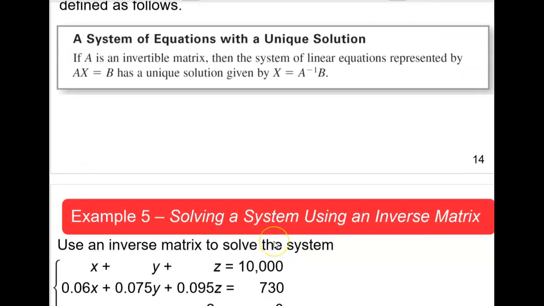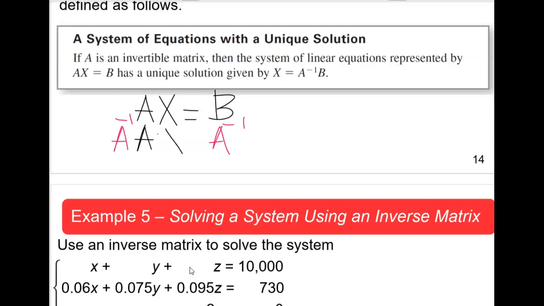And so we do have a system here, and the idea again is that you have the coefficient matrix, the unknown variables matrix, then you have your constants, and you multiply A inverse on both sides, left and right, and so you have this.